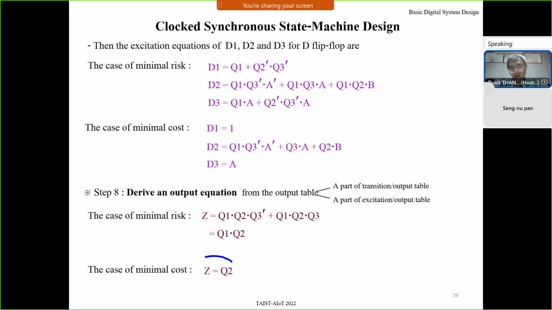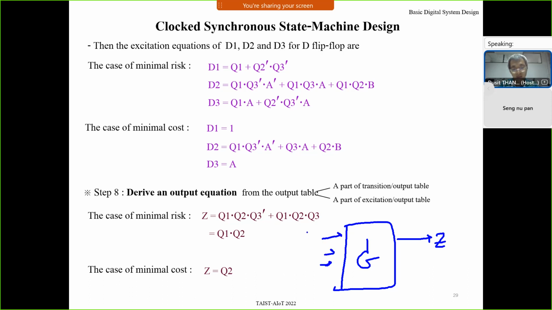But for minimal cost, your output equation is this one. So from this output equation, you can draw the circuit diagram of G, that produces output Z and gets its input from Q1, Q2, and Q3.